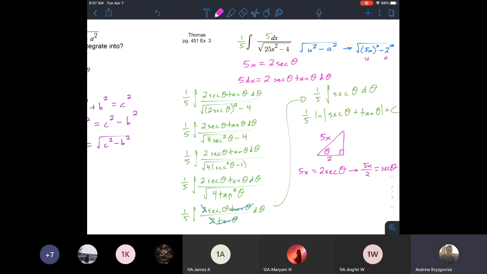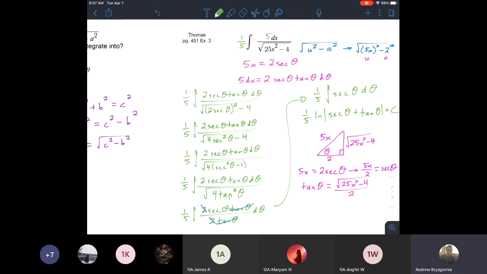And then, as I've told you before, the missing part in our triangle is always going to be the denominator. But we can figure this out from the Pythagorean theorem on our triangle. We still need tangent as well for our substitution, and from this, opposite over adjacent, over 2.